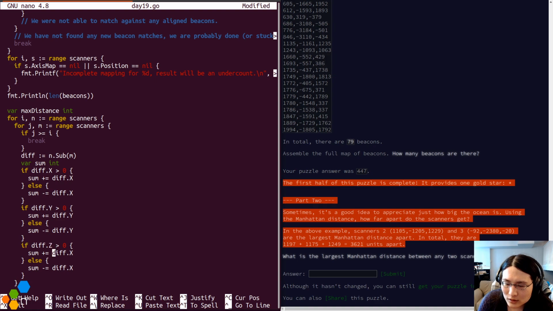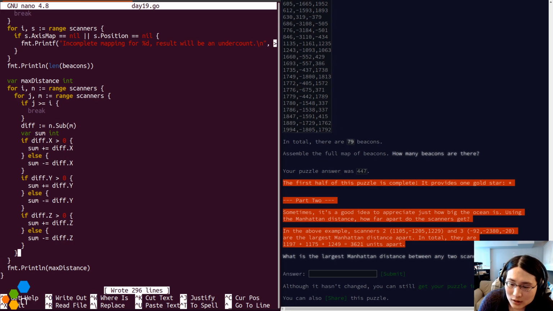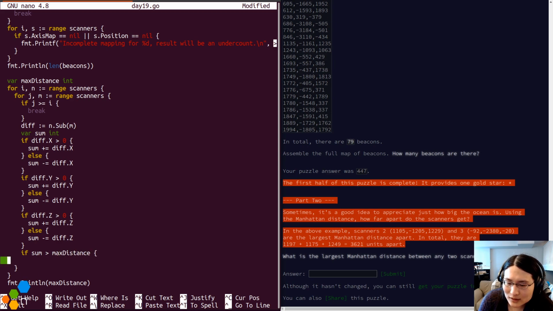And z, z, z. If sum is greater than max distance, max distance equals sum.